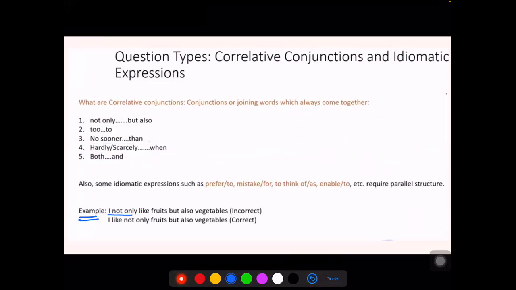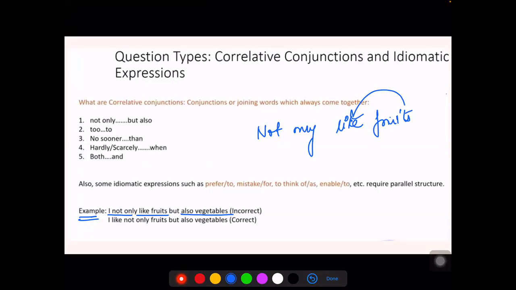I not only like fruits, but also vegetables. This is a very silly error everybody makes while writing sentences or while marking the sentences. I not only like. When we use not only like, that means we are referring to the fruits with like, right?